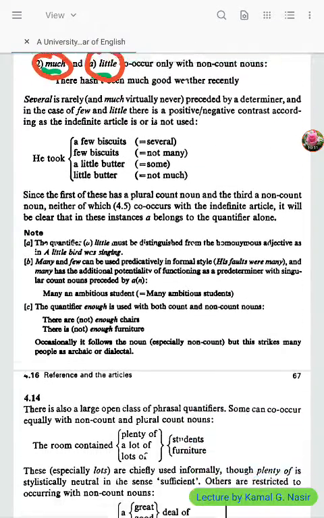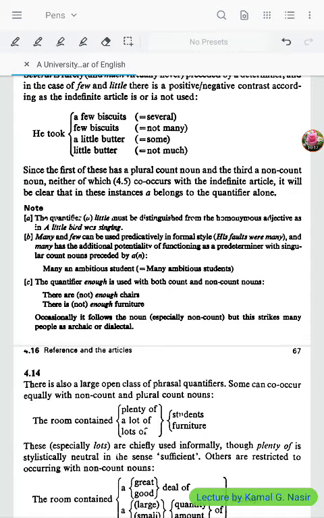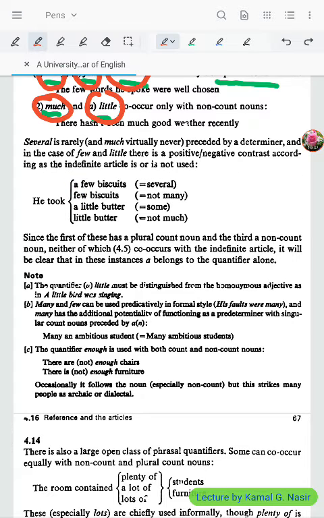We say, for example, he took a few biscuits, or he took few biscuits. He took a little butter, or he took little butter. You see, sometimes we use it with a, other times without a.